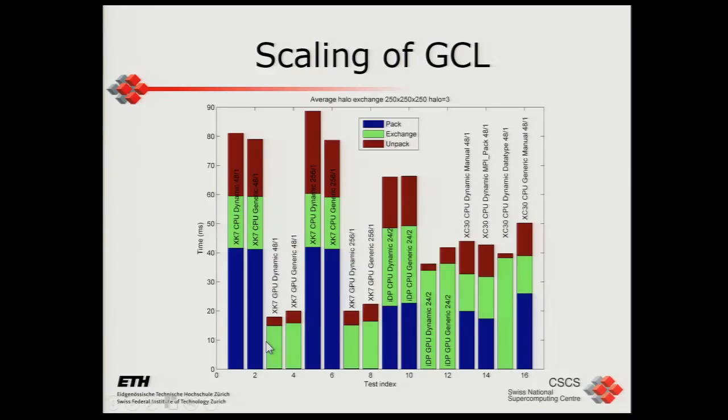And it's faster on the GPU because Cray was able to implement a very good strategy to get the data out of the GPU very quickly. When we move to 256 processors and 1 per node, we can see that the GCL scales quite well. And again, packing and unpacking time are much larger than the communication time.